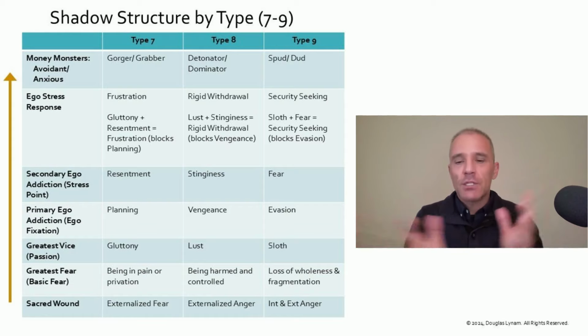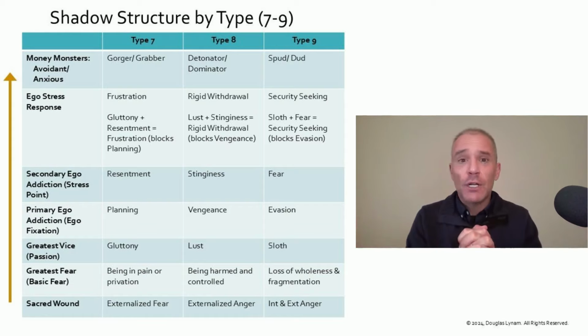The world is in chaos, so they're going to have this security seeking behavior, which can take all kinds of different forms depending on the circumstances and your type. And of course there's instinctual variance, which we'll get into later.